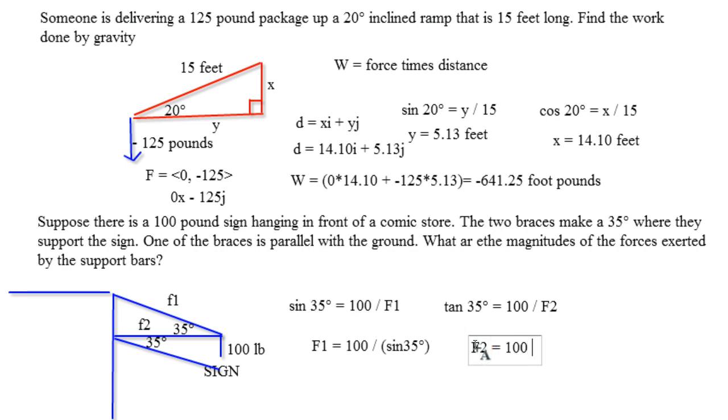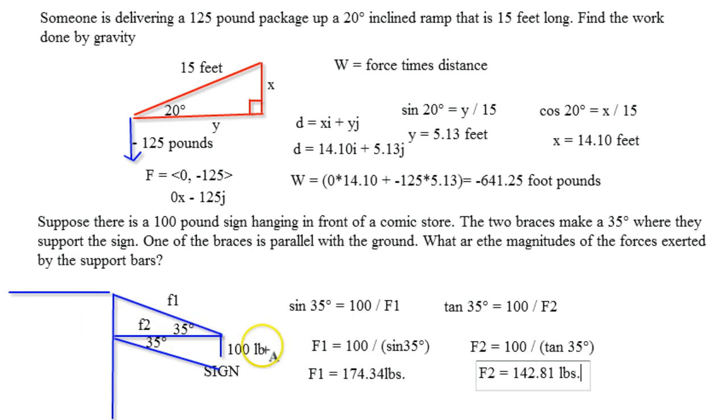Which is going to be 100 divided by tangent of 35. Let me do my calculations really fast. Our calculations result in this first bar exerting a force of 174.3 pounds upon the sign, and the second force, the bar parallel with the ground, is exerting a force of 142.81 pounds.